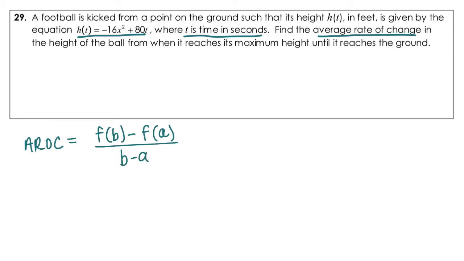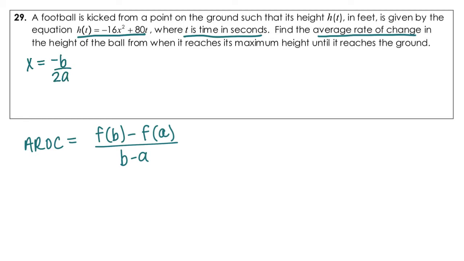The average rate of change is going to be over the time frame from when the ball reaches its maximum height until it reaches the ground. To find your maximum height, since you have a parabola, that is going to be equal to negative b over 2a.